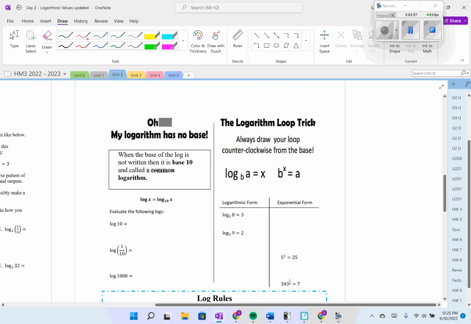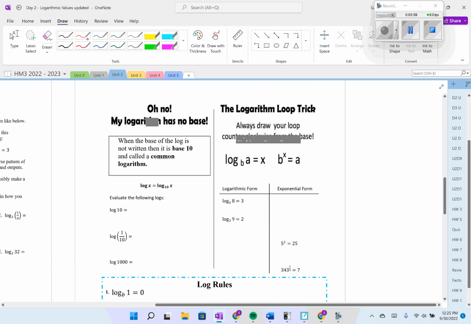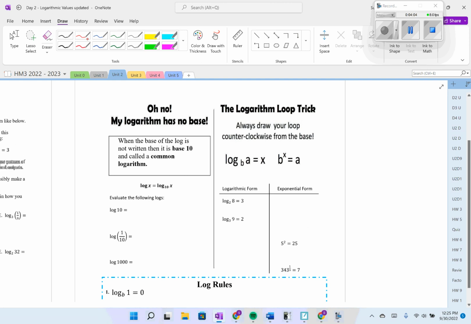On the back side, let's practice going from one form to the next. We have what's called the logarithmic loop trick, which you can use or not use. If your log form has the log to the left of the equation, then you can draw your loop going counterclockwise. That's how you go from one form to the next.